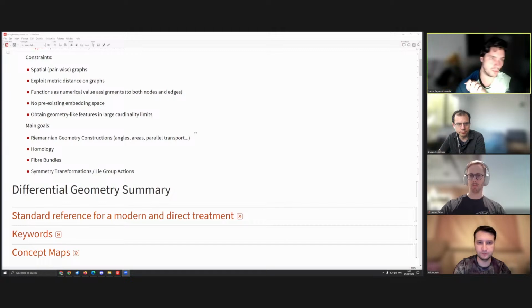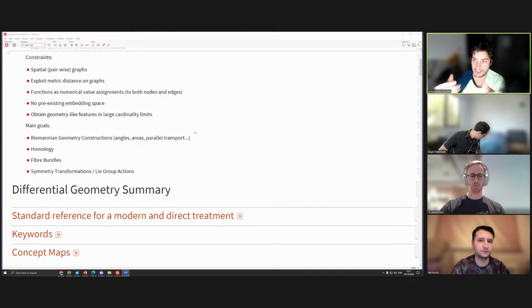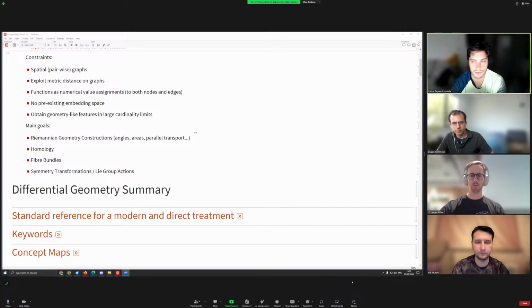Remember that we are going to self-impose a few constraints so that our investigation is a little bit more complete. So we are only going to use graphs as our spatial information. We are going to try and exploit as much as possible the metric distance on graphs, meaning just counting the number of edges that you can find in a path, and the fact that for any finite graph you can always find a minimum of such distance.